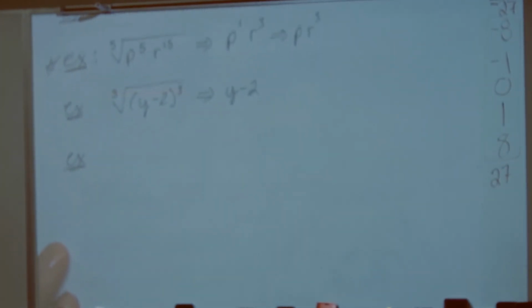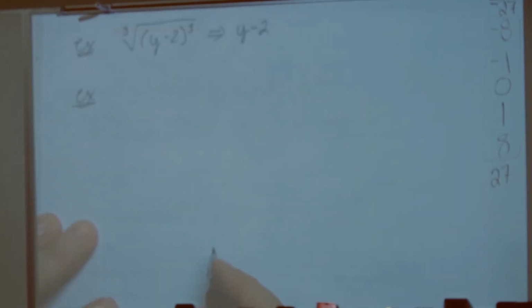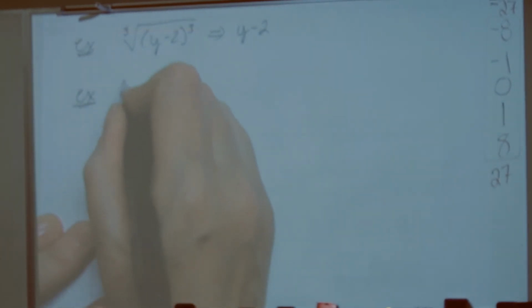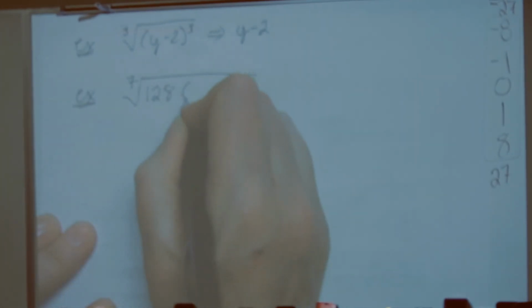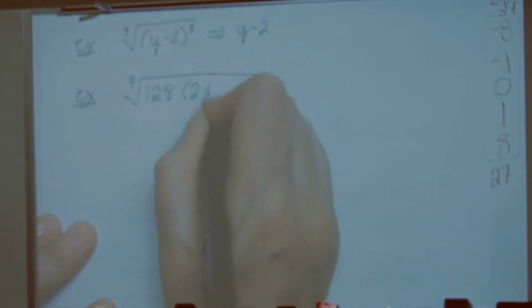Next step, hang on a second before we go. What if, oh, this is interesting. I give you the 7th root, and please don't be afraid, of 128 times 2 plus 3x to the 7th power.